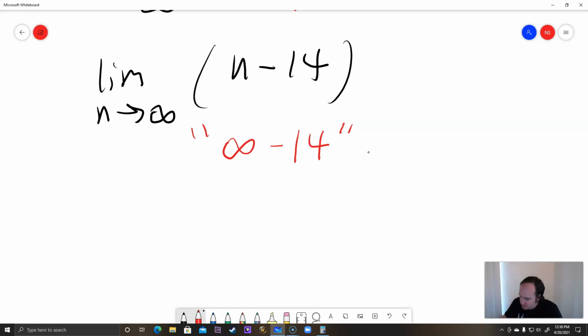But that's still going to be infinity. That's what's important. And because infinity is not a finite number, we say that the sequence diverges. Because infinity is the value of the limit, that's not finite.